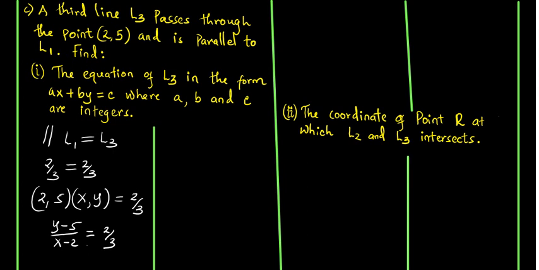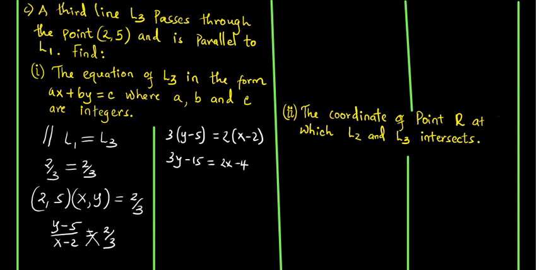We cross multiply to form the equation. So it will be 3 into bracket y minus 5, and the other side will have 2 into bracket x minus 2. We open our bracket: 3y minus 15 should be equal to 2x minus 4.